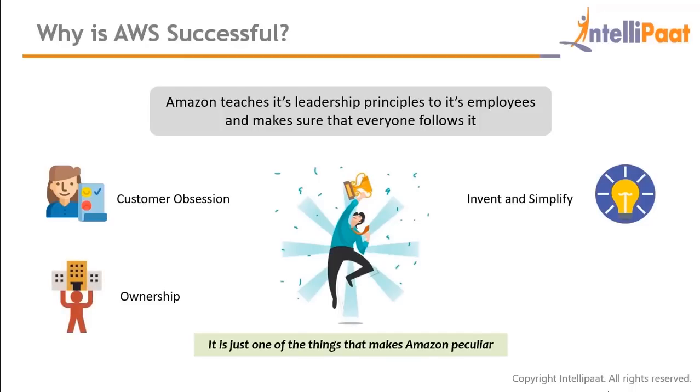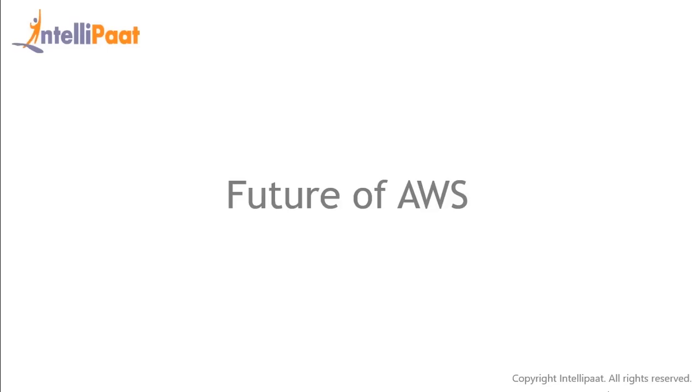All the employees in AWS or Amazon need to have that feeling of ownership. And the fourth point, this point is common for anybody: learn and be curious. Leaders are never done learning and always seek to improve themselves. So always keep on learning and be curious in what you do. The next is the future of AWS.